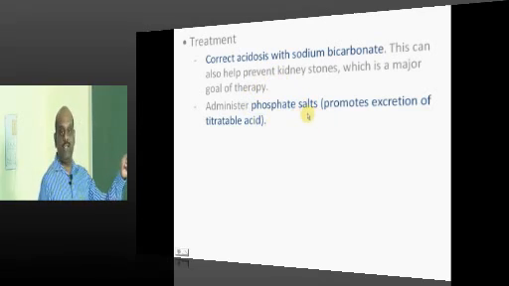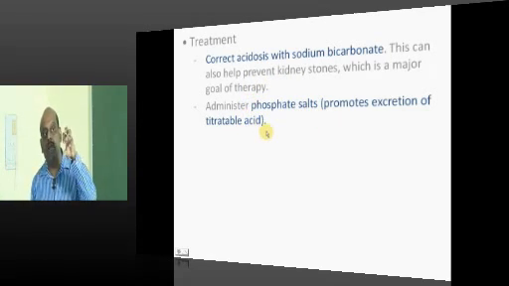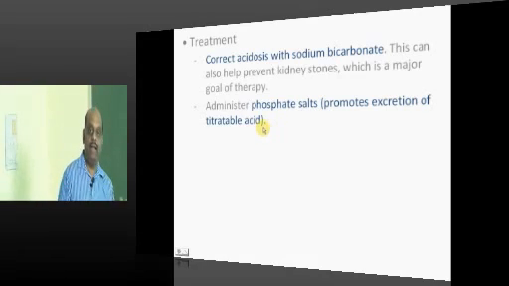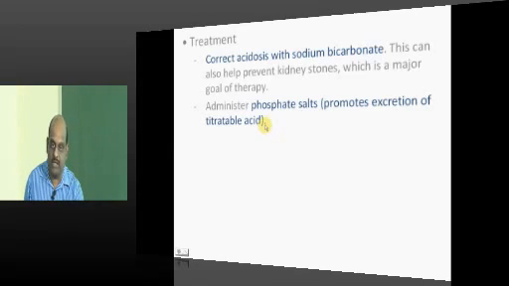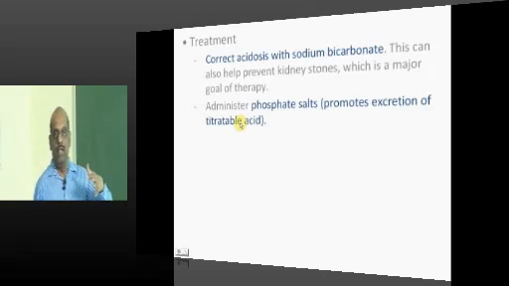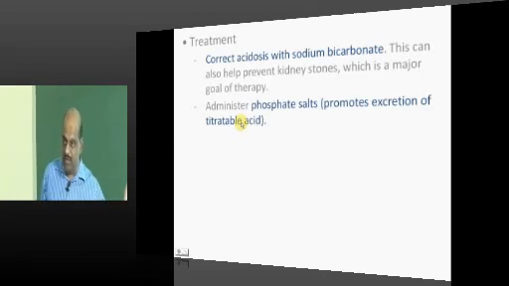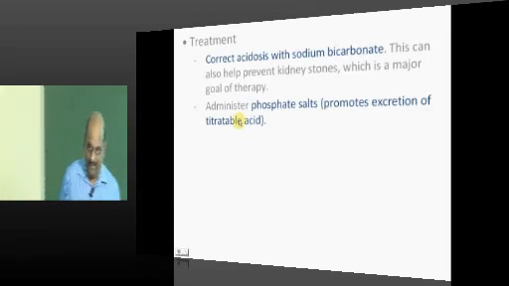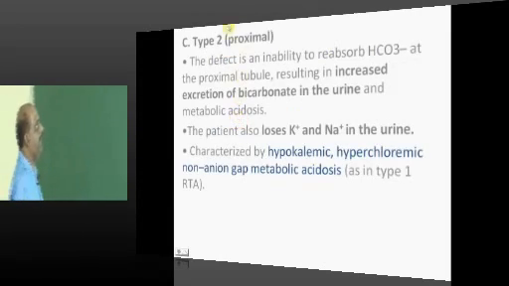If you give phosphate salt, that phosphate will enter the tubular fluid and lead to an acidic pH in the distal convoluted tubule. If the distal tubular pH is acidic, stone won't form. Hence we give phosphate salts to prevent alkalinization of the distal tubular fluid, and we prevent nephrocalcinosis from developing. That is what you have to ultimately remember.